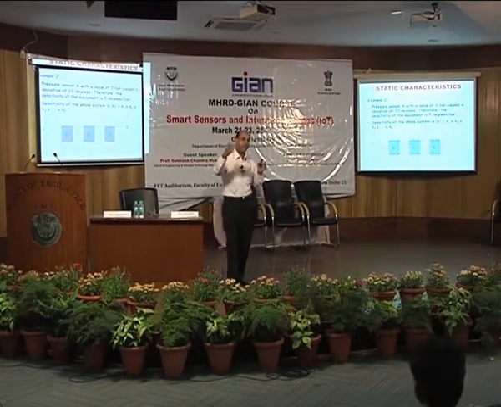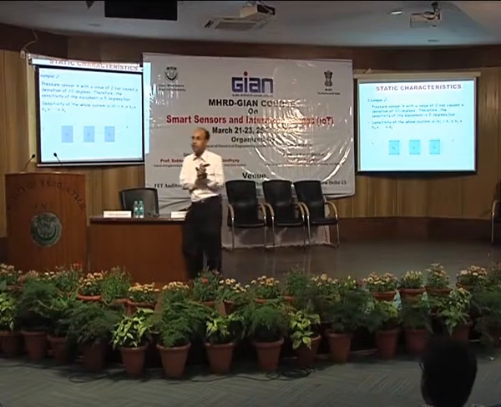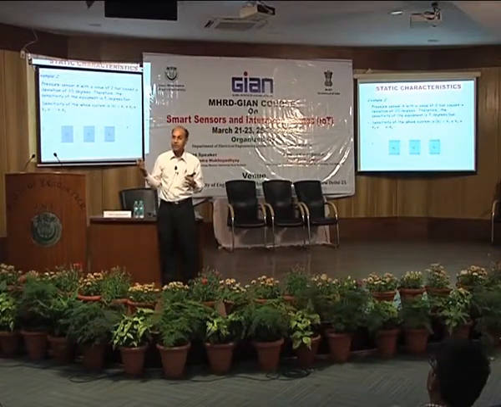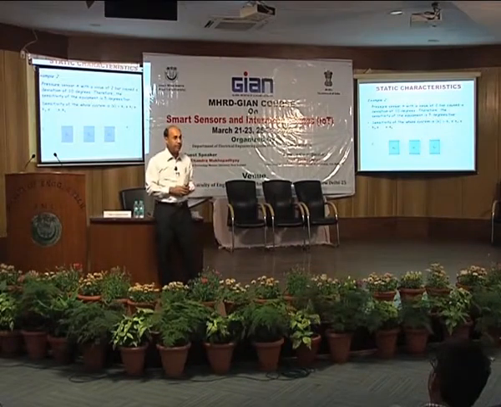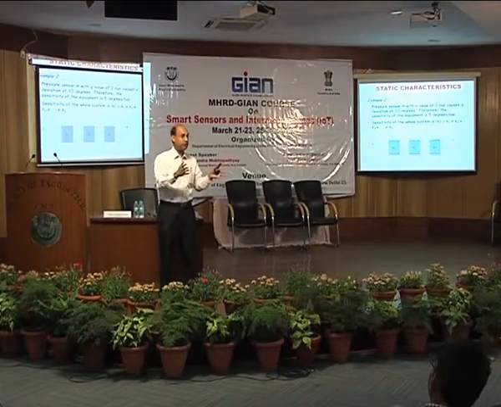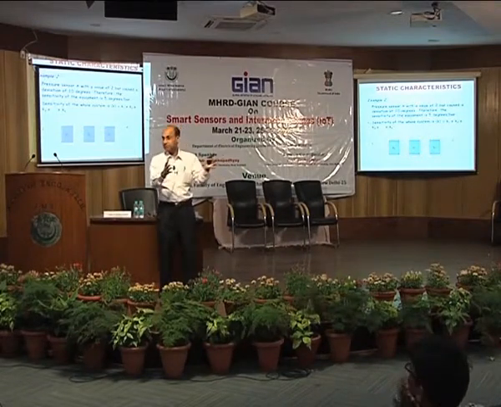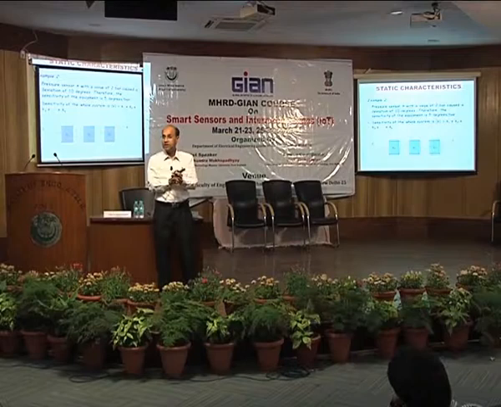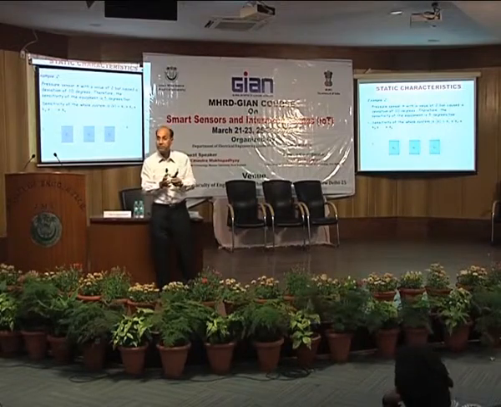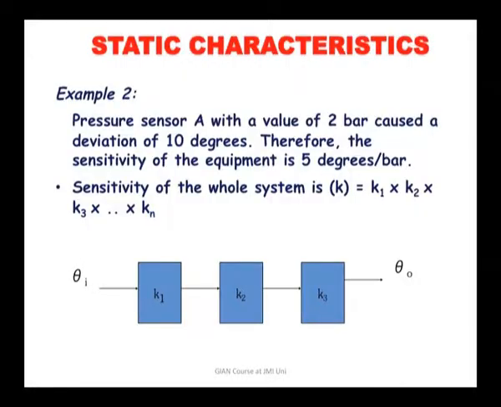So you may have used a very good sensor which gives you the highest sensitivity available, but then in your circuit you use some other element. People actually don't care what the sensitivity of your sensor is because they want to measure something. They are concerned about the sensitivity of the whole system. So what is important here is the selection of the component.